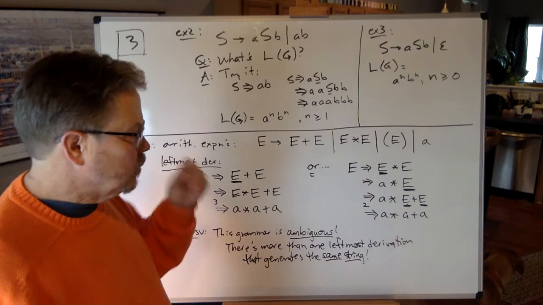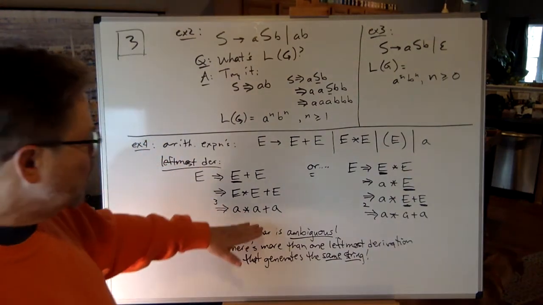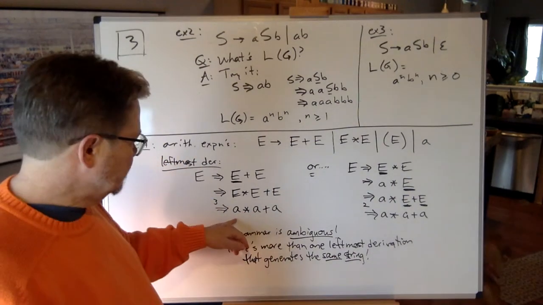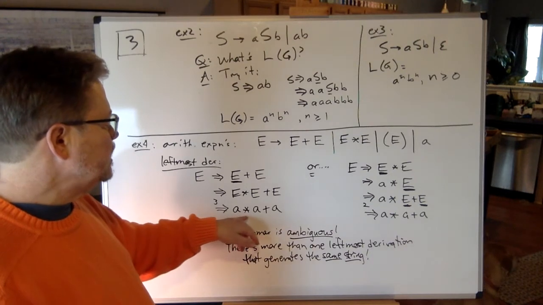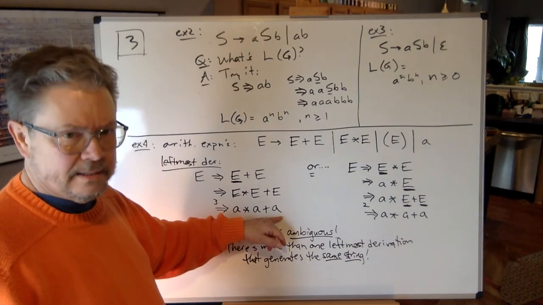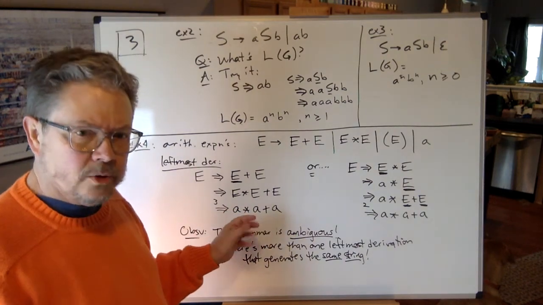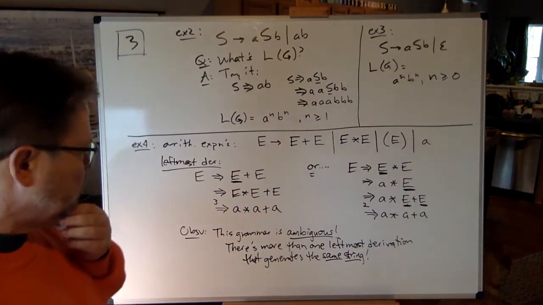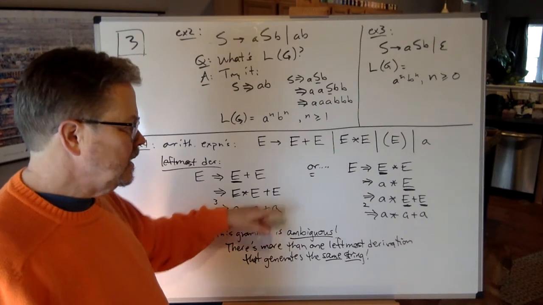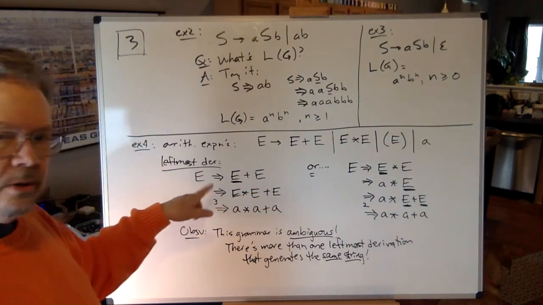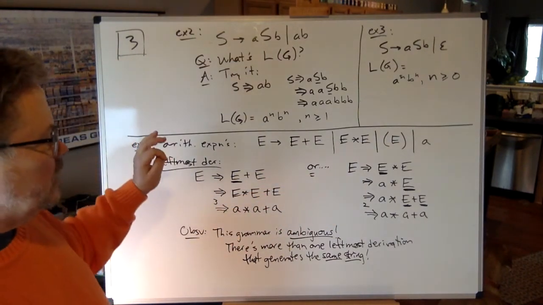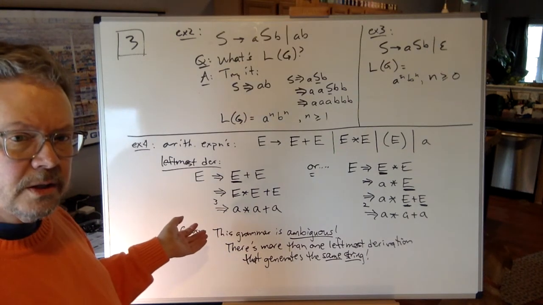Part of what a compiler has to do is parse what you've typed in. You typed in 3 times 5 plus 9. If there are no parentheses anywhere, the compiler has to figure out which one to do first, the times sign or the plus sign. Each one of these derivations corresponds to evaluating one of those operations first.